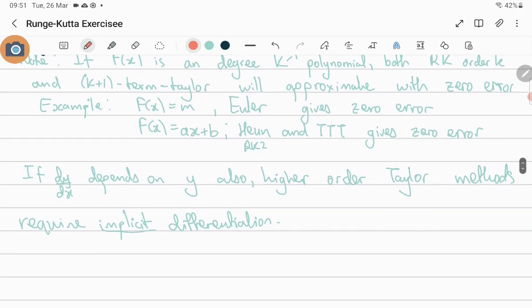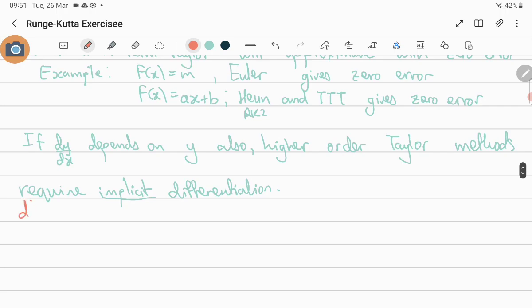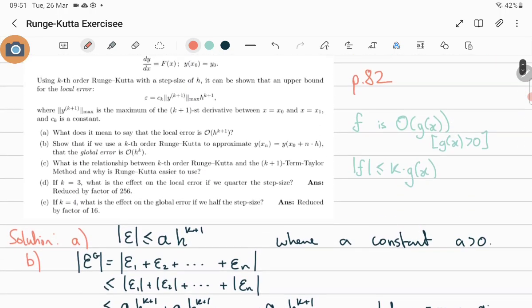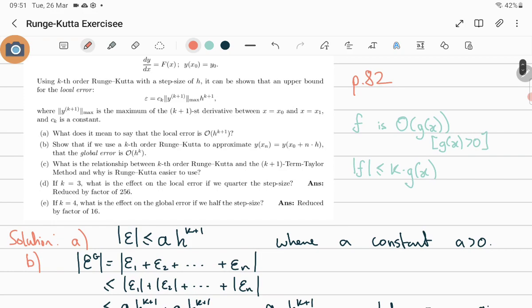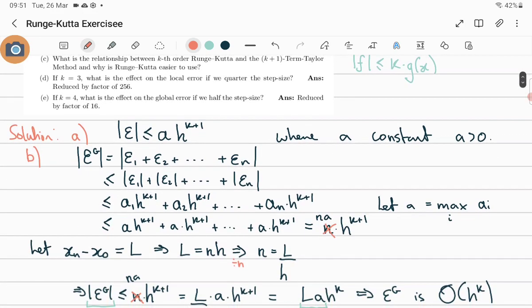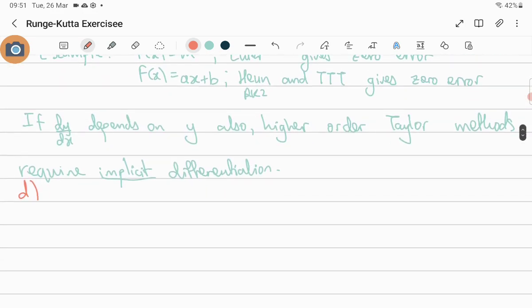And then we have question D, which says, if k is equal to 3, what is the effect on the local error? In that case, the local errors are order h to the power of 4. And so what happens if you quarter the step size?